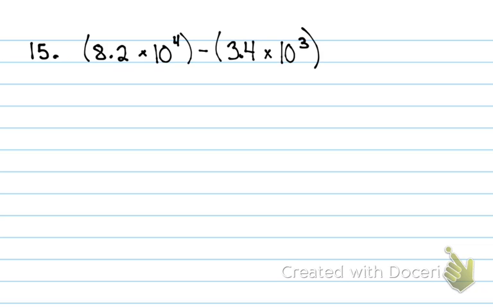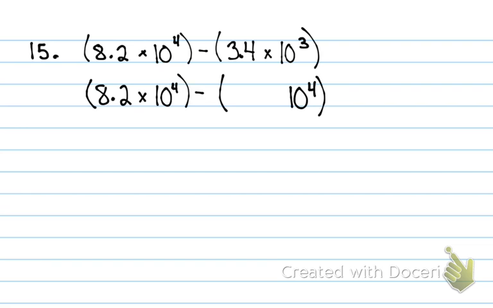Okay, so we notice with addition and subtraction, we have to make sure of what? We have to make sure that the exponents are the same. Are they the same here? No, they are not. So which one do I need to change? The first one. The 3 up to a 4.